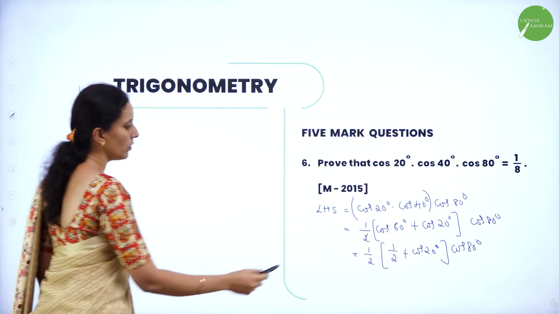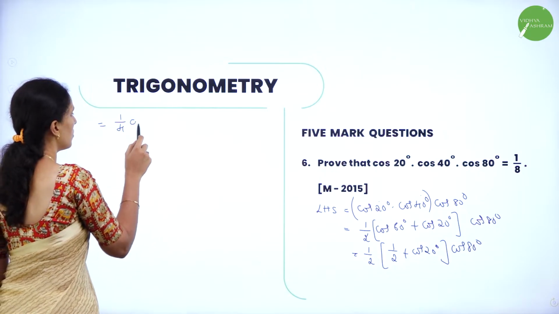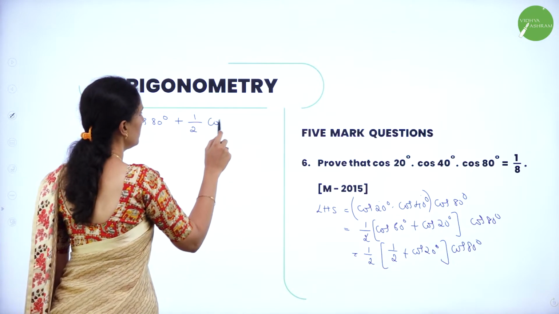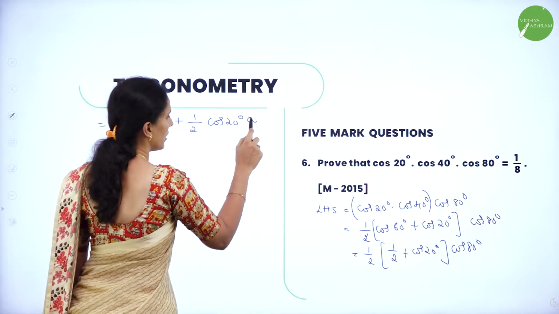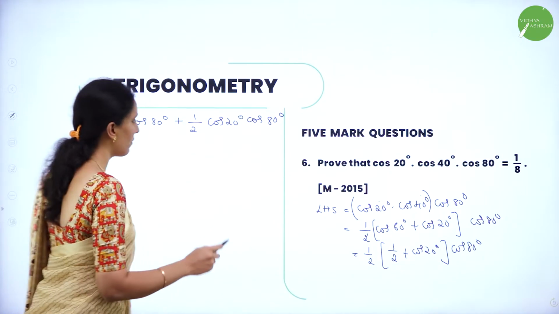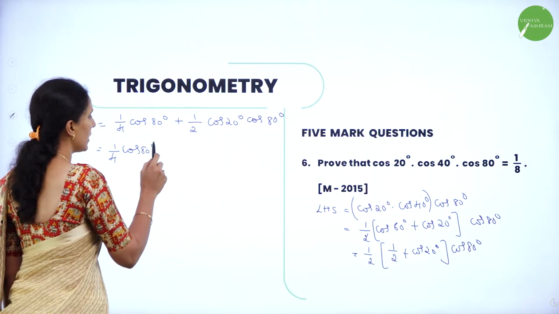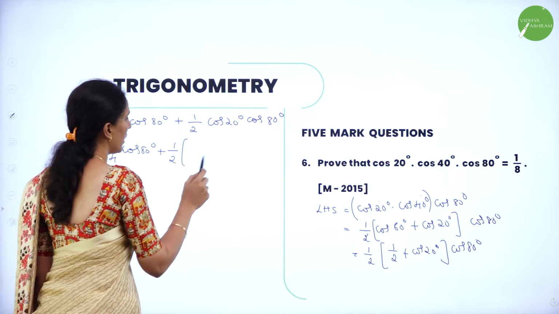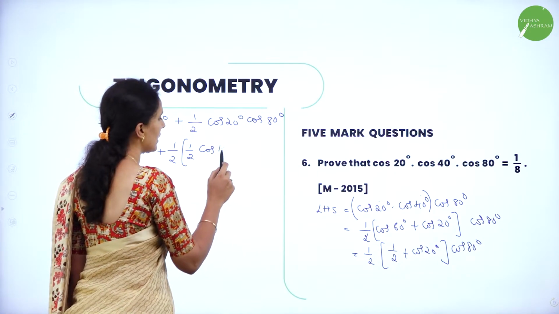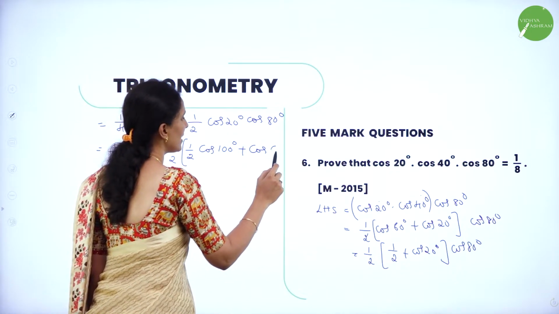Now this is equal to half into cos 80 degree, which is 1 by 4 cos 80 degree. Next we have 1 by 2 cos 20 degree into cos 80 degree. Again you can take this as cos A cos B form. So which is 1 by 4 cos 80 degree plus 1 by 2 into 1 by 2 cos (A plus B) becomes 20 plus 80, 100, plus cos (80 minus 20), which is again cos 60 degree.